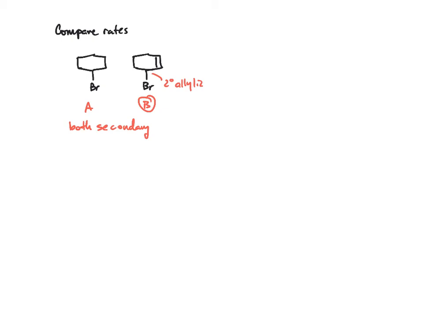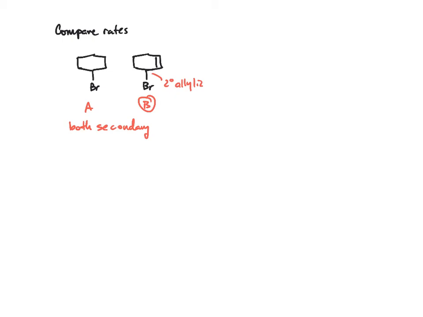Right. Does that have something to do with the fact that it will be easier for it to be stable whenever something leaves? Yeah, so it's sort of a way you could think about this.